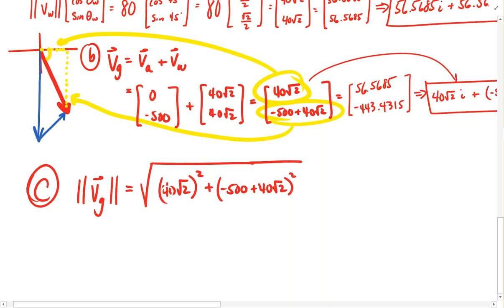Now, I think reaching for a calculator here would be appropriate. There's not a whole lot we can do to simplify this expression. There are some things that we can do to cancel out some of these squares and square roots, but honestly, this is definitely going to be a calculator component.